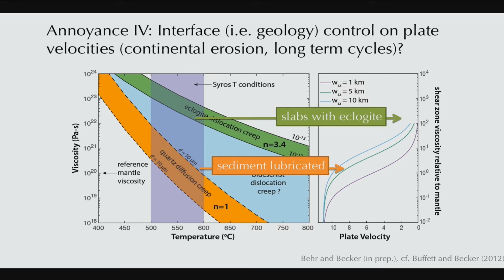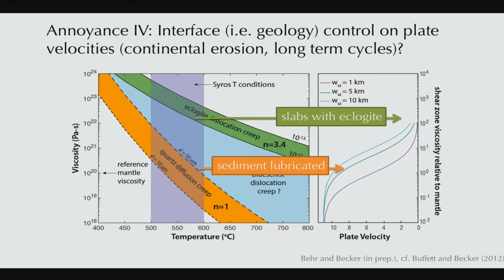And just using this force balance for simplicity, you can then look at the plate velocities here as a function of shear zone viscosity, and if you pick these numbers and temperature conditions that you may have in a subduction shear zone, then slabs that have a basaltic interface may move much, much slower than slabs that have a sediment lubricated interface. This may be all nonsense, but the force balance tells you that the interface may be quite a bit more important than we thought.